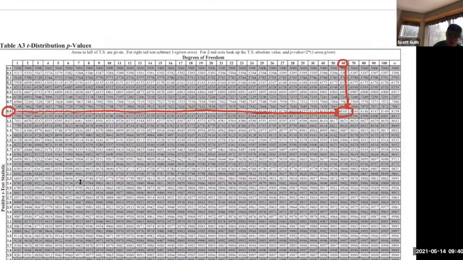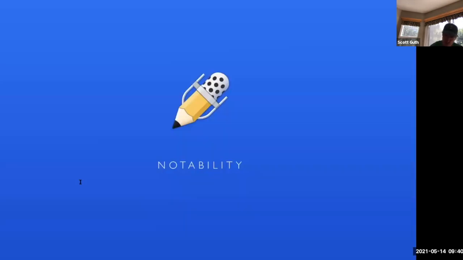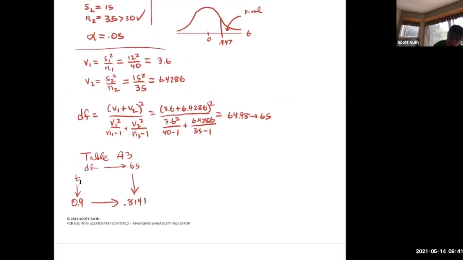Remember, this is a right tail test. These tables give areas to the left. If you look at what I'm circling right here, these are areas to the left. So we have a right tail test. 0.8141, and that's the area to the left.